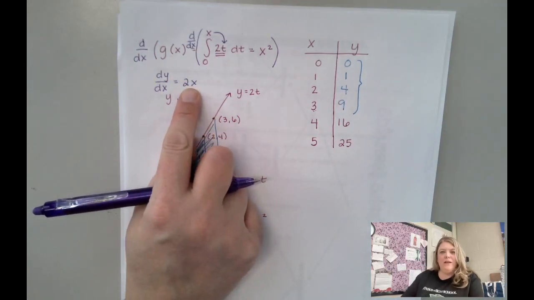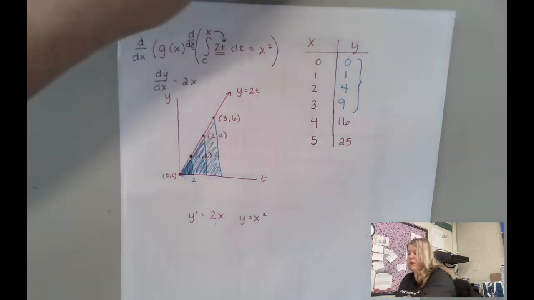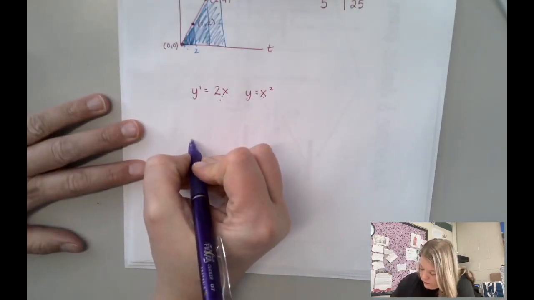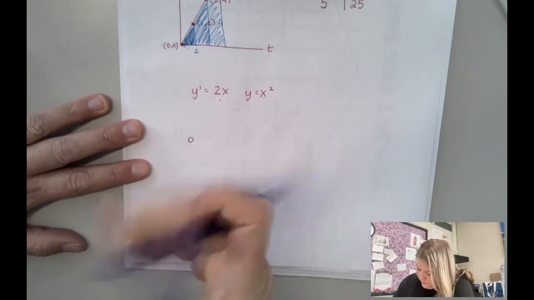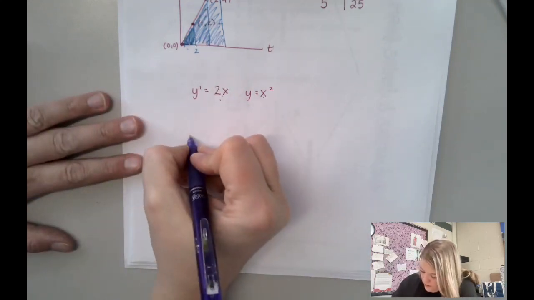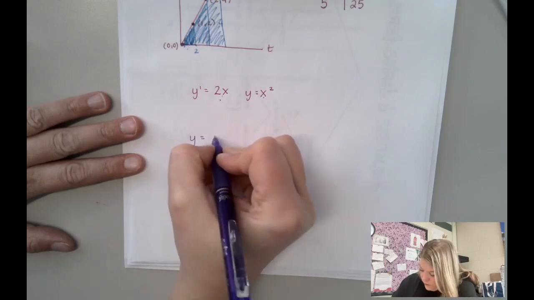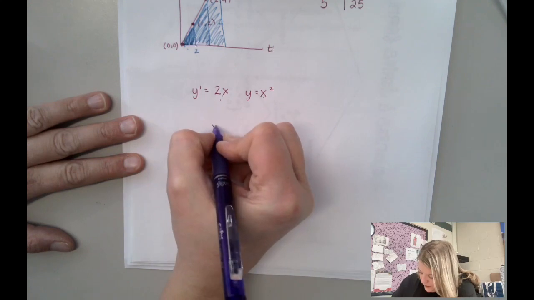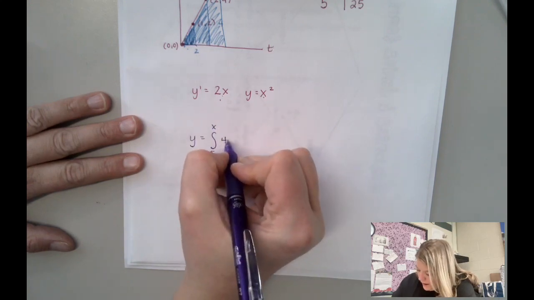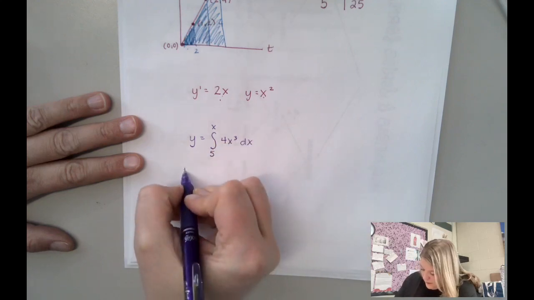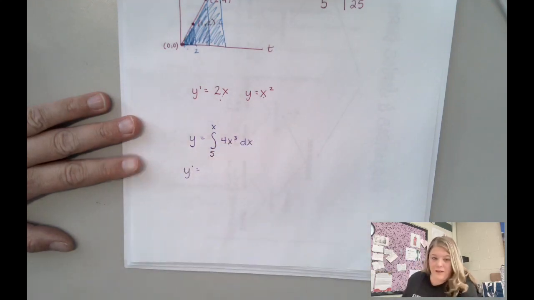Okay, so I'll just throw another example down here real quick. If I had an integral function, I'll use a y just for the sake of notation. If my integral function was from 5 to x of 4x cubed dx, and I said, hey, I want the derivative of that thing.